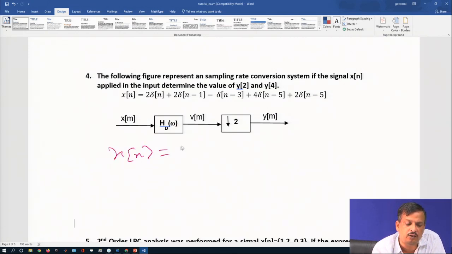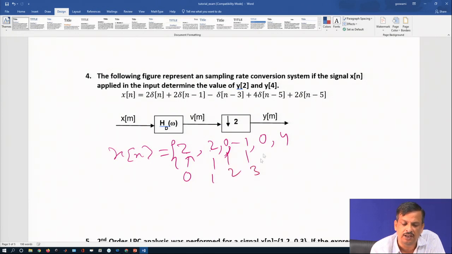What is the sampling representation? 2 is the 0th sample, 2 is the 1st sample, minus 1 is the 3rd sample, then minus 3, then 1, 0, then minus 1, and then minus 5, then 4 and 5. So this is 0, 1, 2, 3, 4, the 5th sample. Then this will be the 6th, then 2, that is the 6th sample.